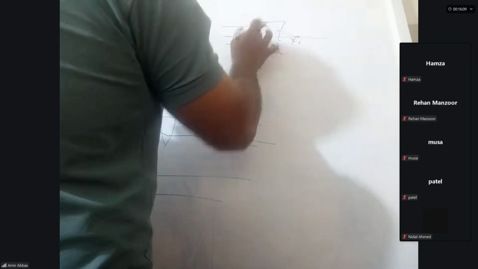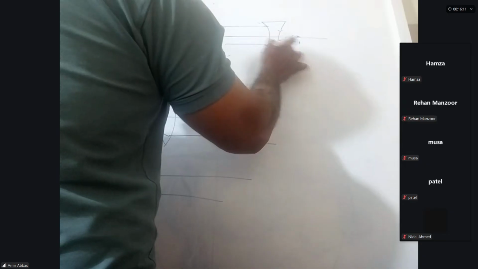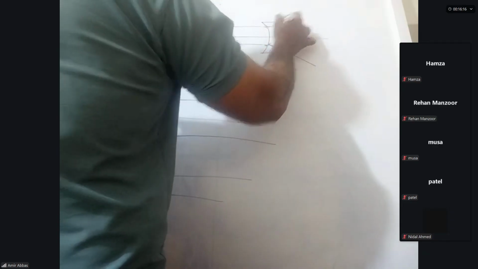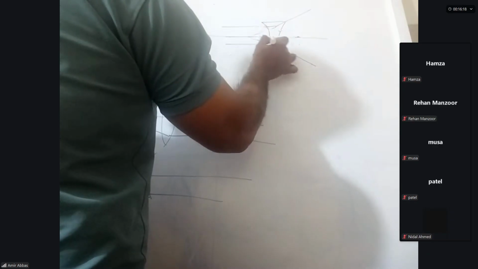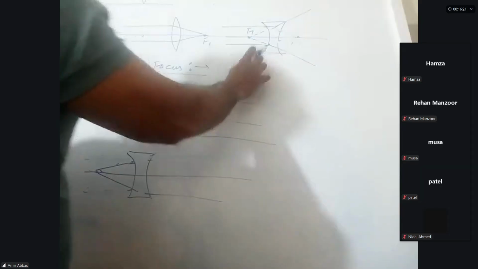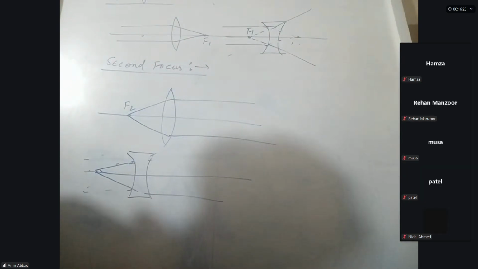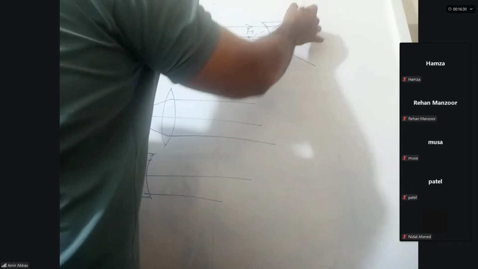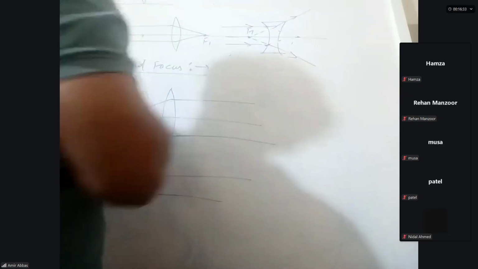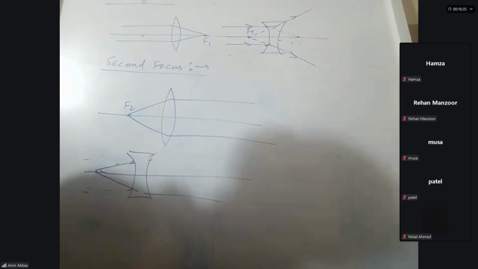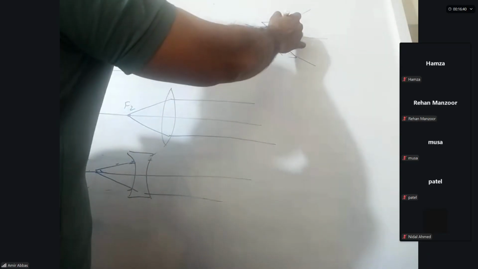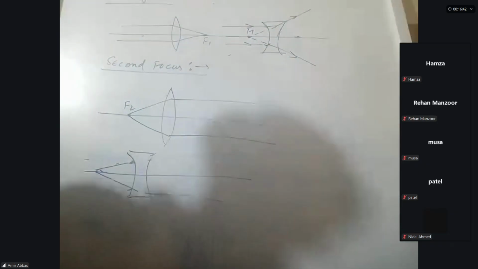It has been like this. This is the first focus. This is the first. That's why for this concave lens, the focal length is negative, you take.